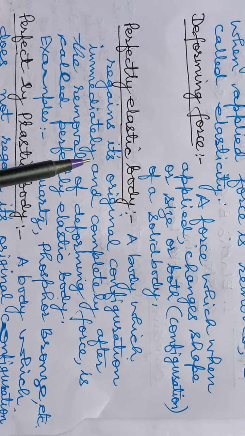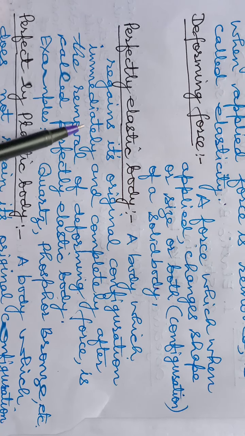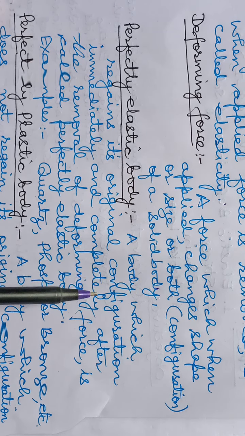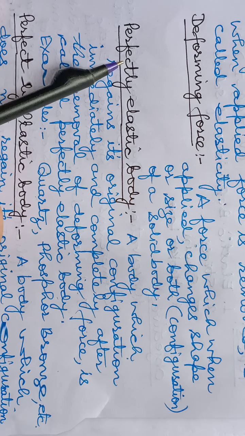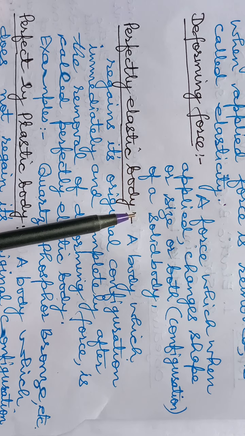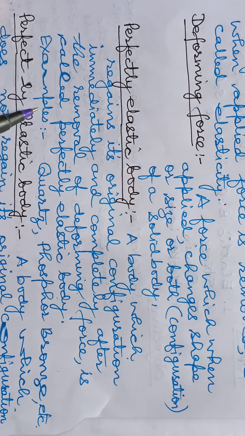The body should come to the original configuration immediately and completely. If this happens, then the body is a perfectly elastic body. Near examples of perfectly elastic bodies are quartz, phosphor bronze, etc.